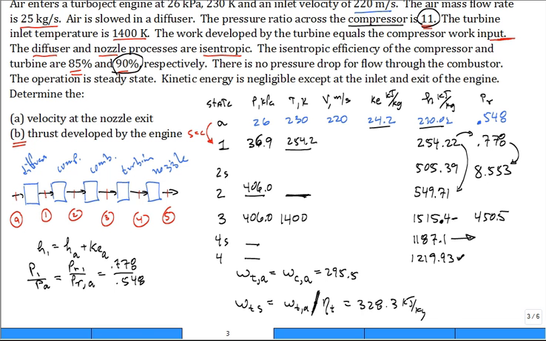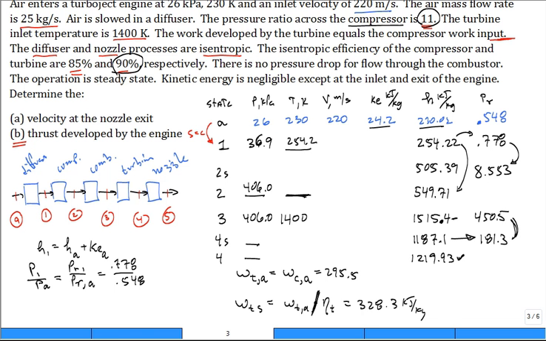Yeah, you just interpolate in the table knowing enthalpy at state 4S to get PR 4S. When you do that, you get 181.3.